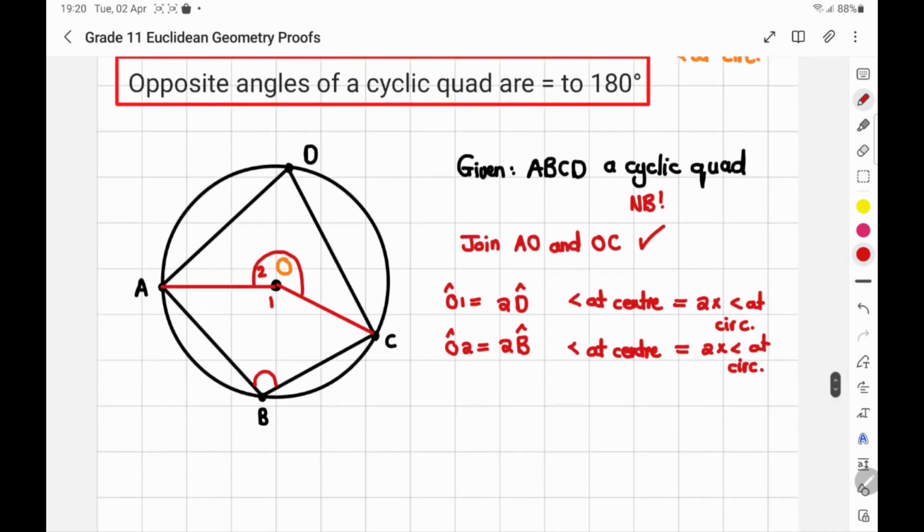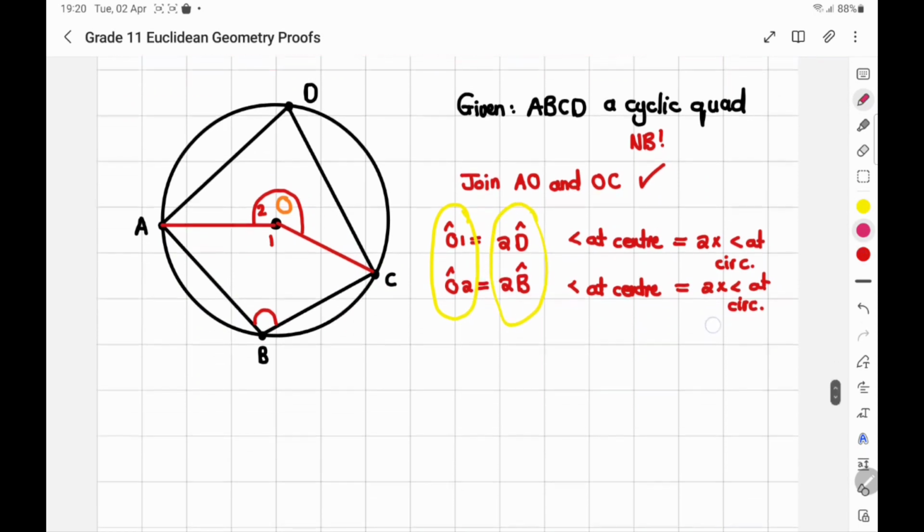And now we're going to use our algebra, and we're going to add those two.